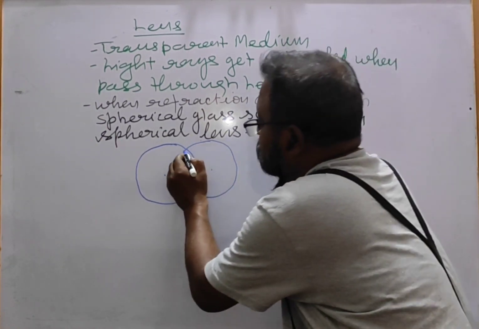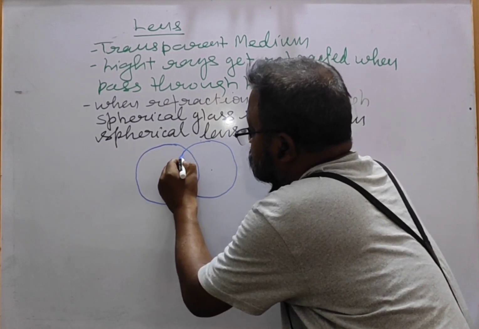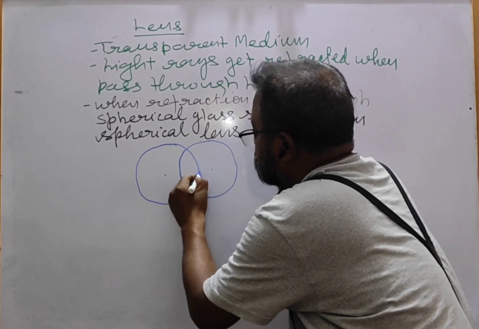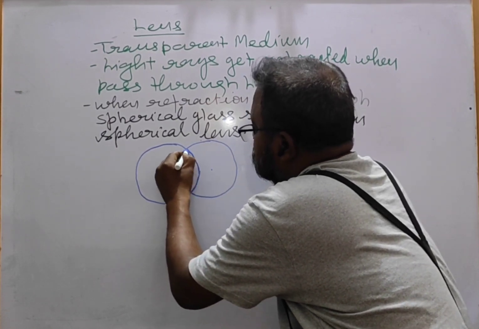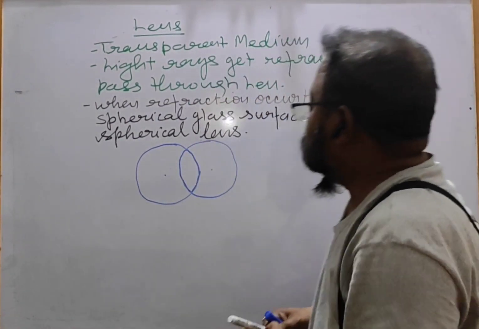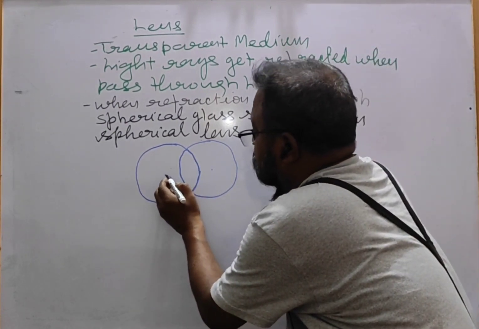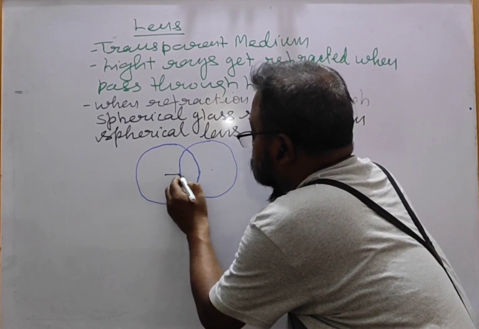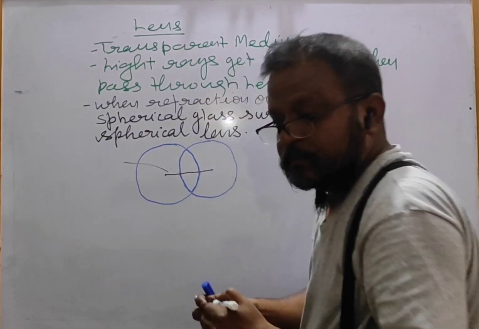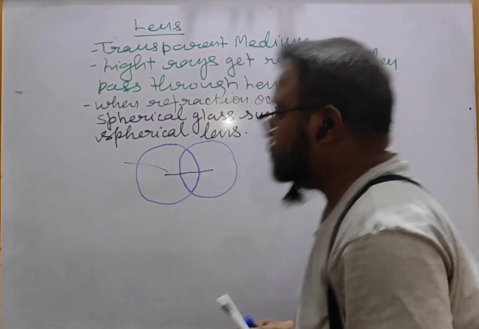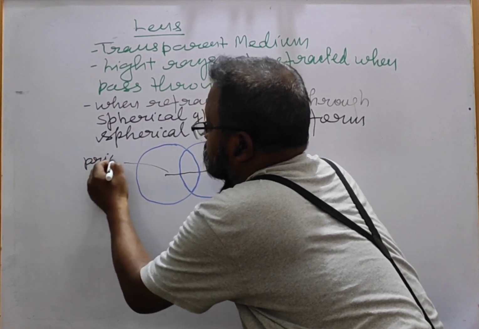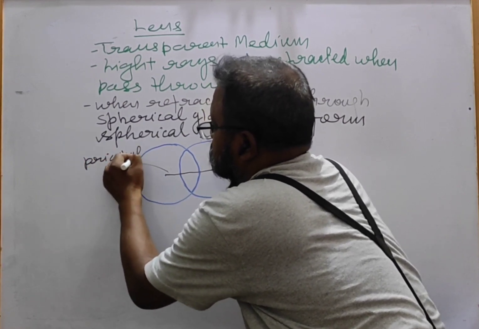And this part we cut out and form a lens, right? And the line joining the two centers is known as the principal axis.